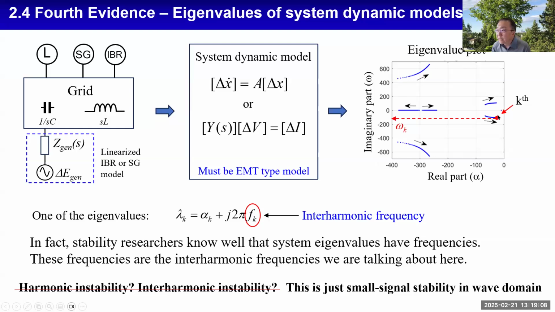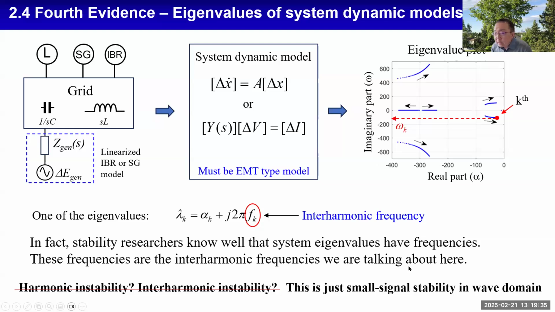This particular eigenvalue, for example the kth eigenvalue, has a frequency omega k, which is basically 2 pi fk. This is essentially an interharmonic frequency. So stability researchers already know where the system eigenvalues have frequencies. These frequencies are the interharmonic frequencies we are talking about here.